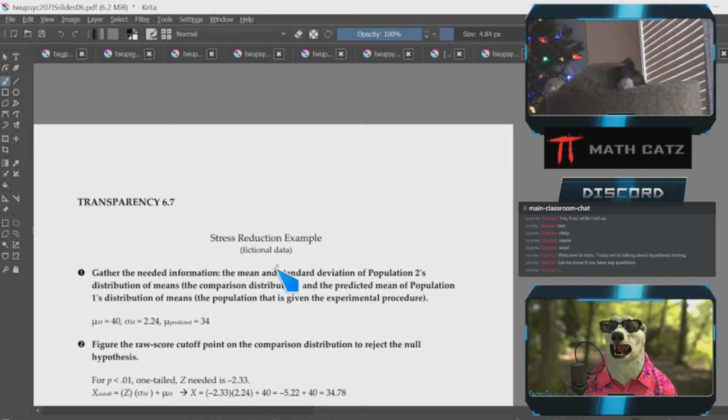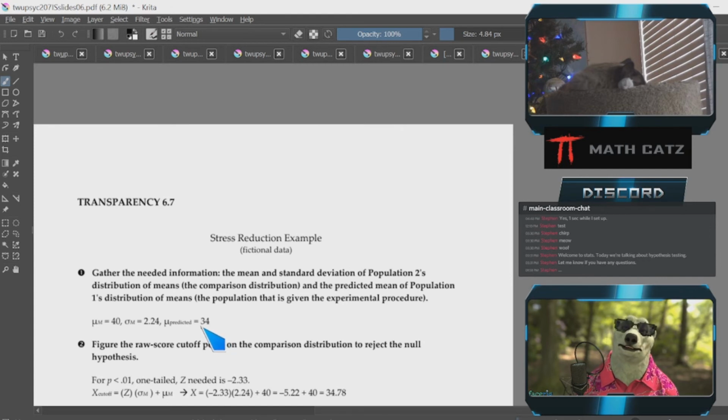We have in our comparison distribution a mean of 40, standard error of 2.24, and our predicted mean based on a preliminary sample is 34.